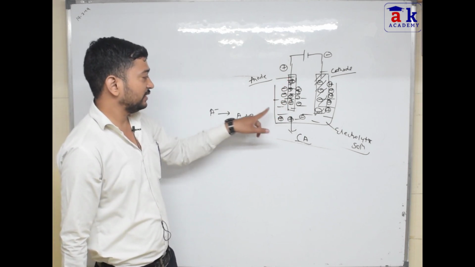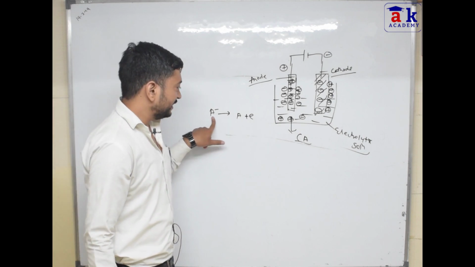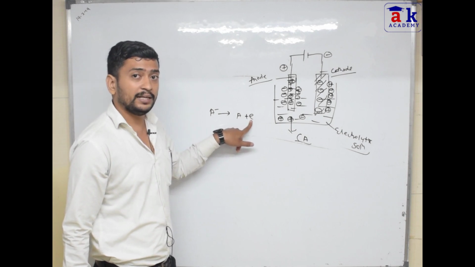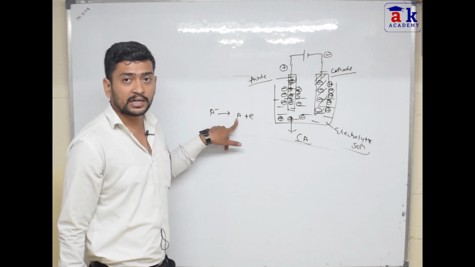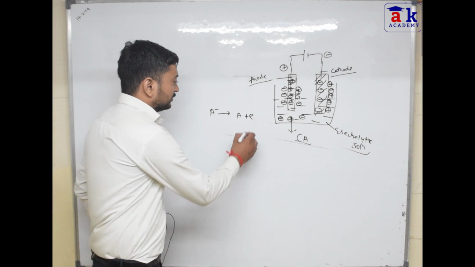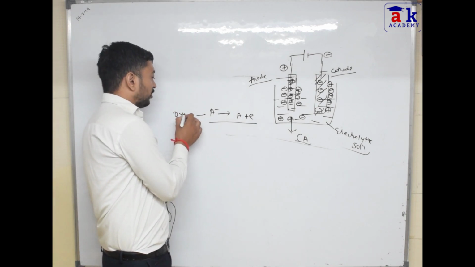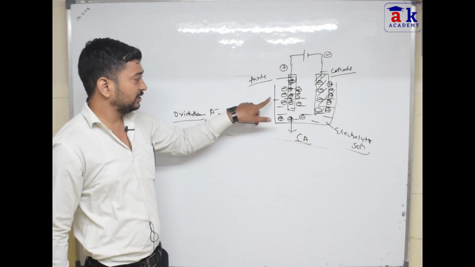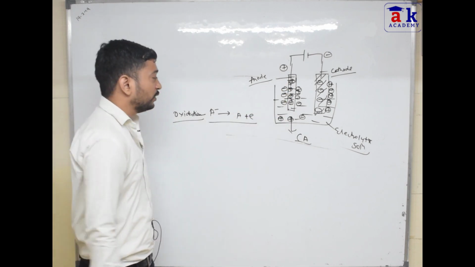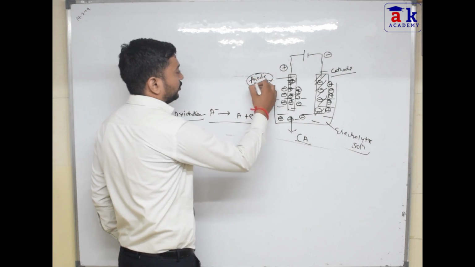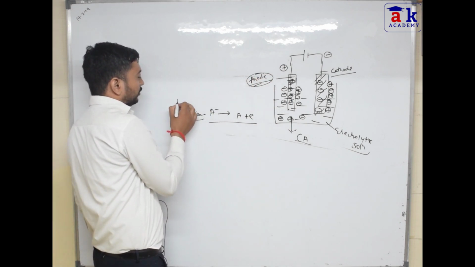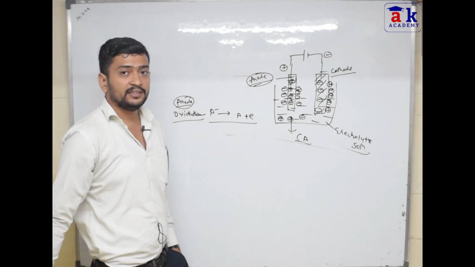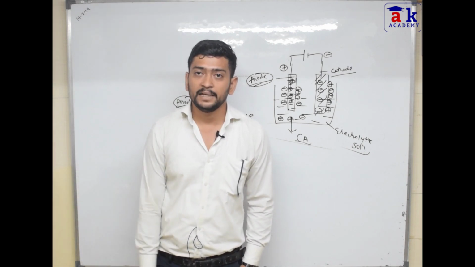So the anion, this A minus, will lose one electron and the product formed will be A. This is a kind of oxidation reaction. If the oxidation reaction is occurring on this electrode, we can say this is the anode. So this reaction is an oxidation reaction and it is happening on the anode.